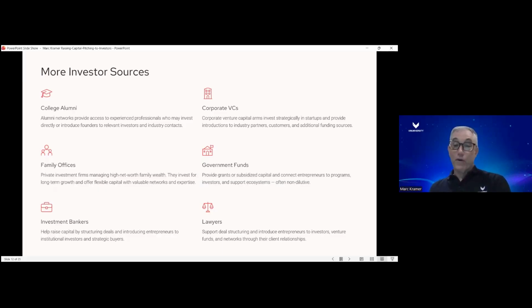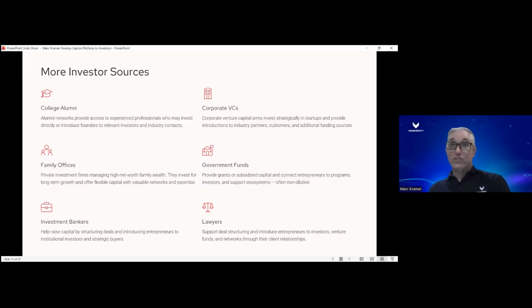Family offices, corporate VCs. I raise my money mostly through corporate VCs. Prompt payment was that. That's my reverse factoring, my insurance venture, commercial deposit insurance agency, and others I've done. They were great fits for corporate investors.